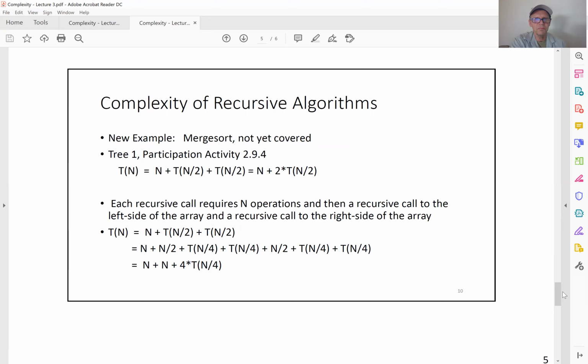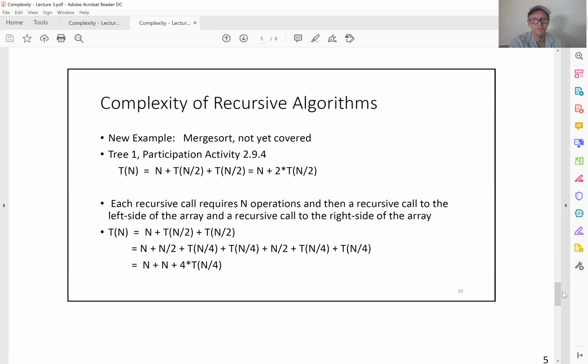So let's look at the recurrence relationship for this algorithm we haven't seen yet. T of n is equal to n operations, plus T of n over 2 twice. We apply the algorithm to the left side and to the right side. So this gets to be a little bit of a mess when we actually write this out.